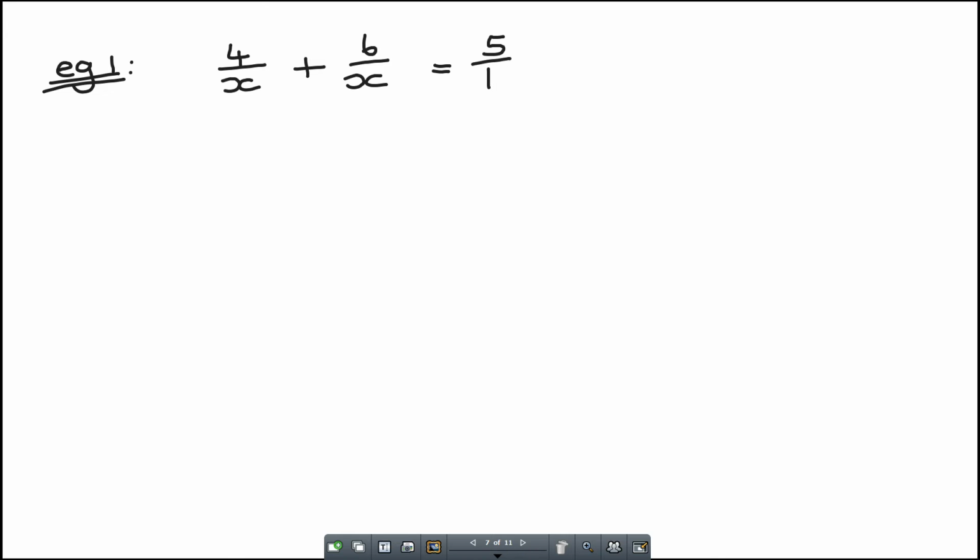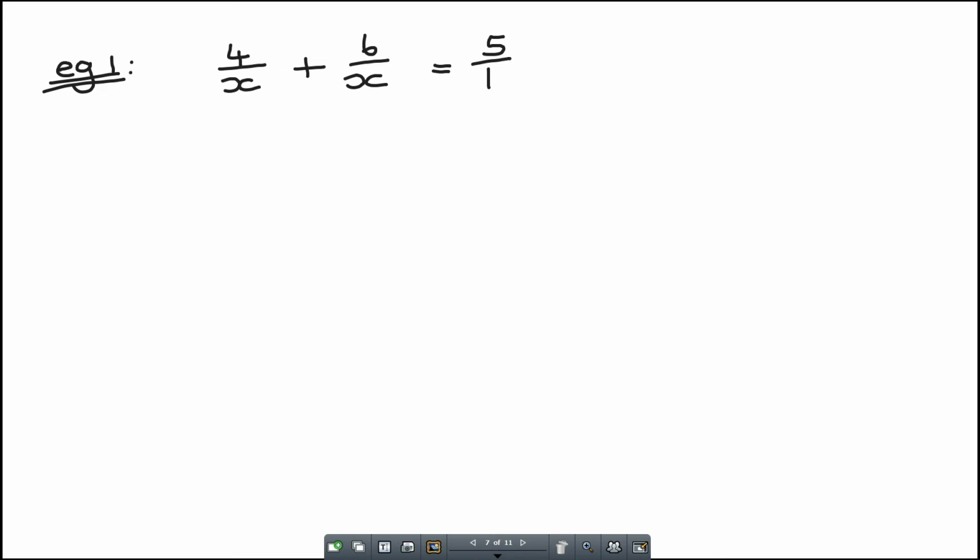Now, our step 1 is make denominators the same. So have a look at our denominators. I've got x, x, 1. So what do you think I should make my denominator? Where does the x go? 1x, or just x. Let's make all my denominators x, because those first two already have a denominator of x.